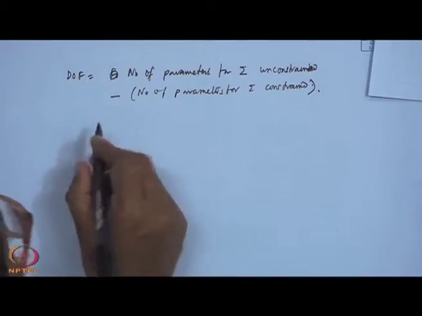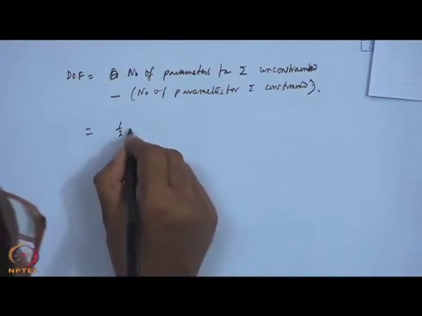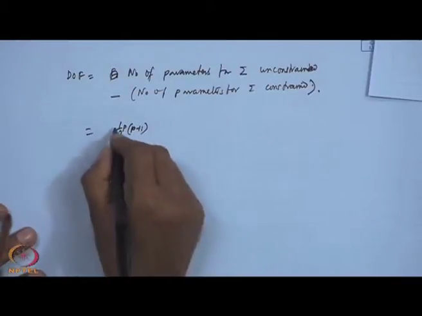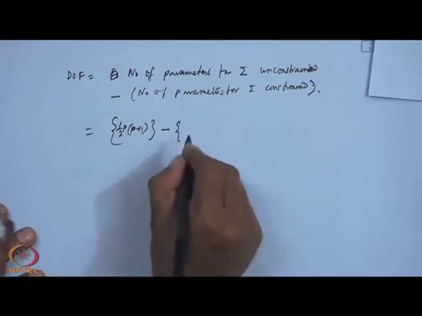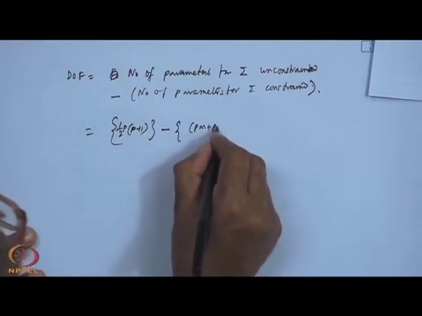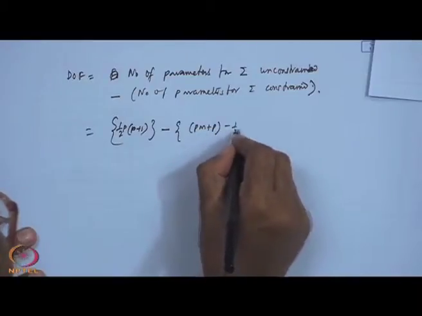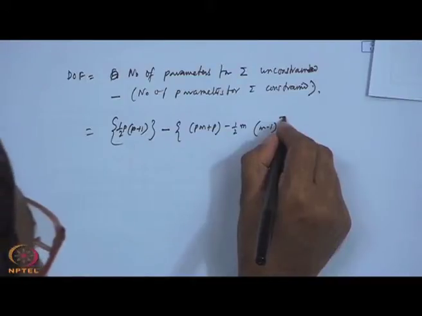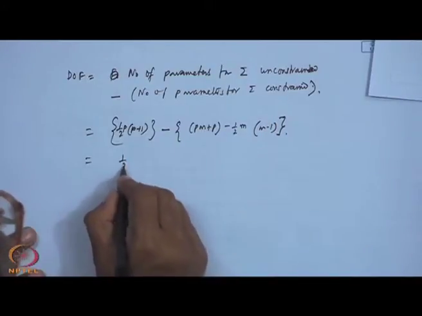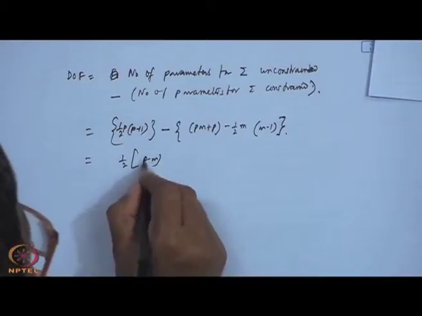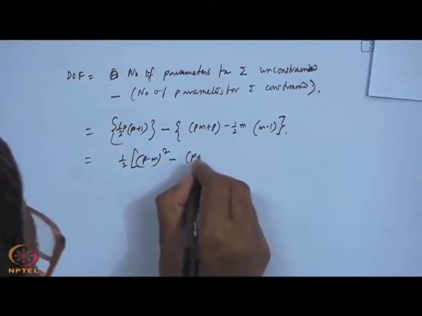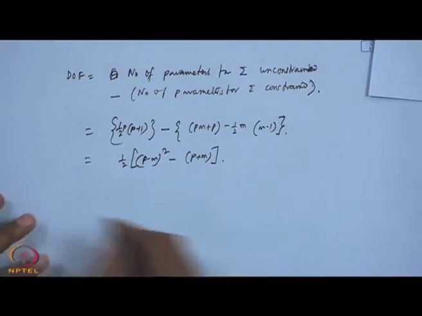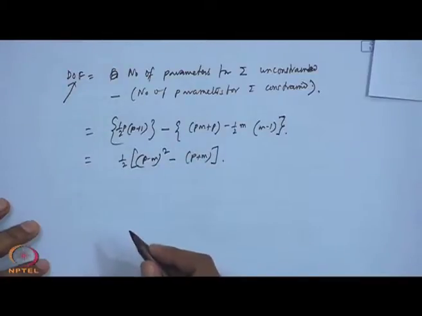Okay. In the unconstrained case, the total number of parameters will be half p into p plus 1, and when you make the constrained case, that is pm plus p minus half m into m minus 1, and this will lead to half of (p minus m) square minus (p plus m). So, this is the degrees of freedom available.